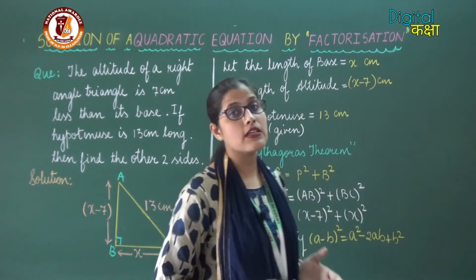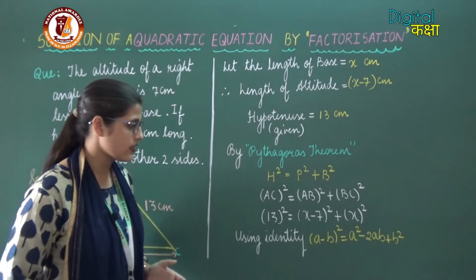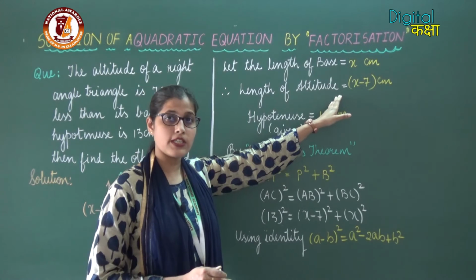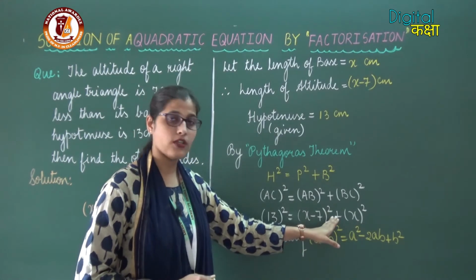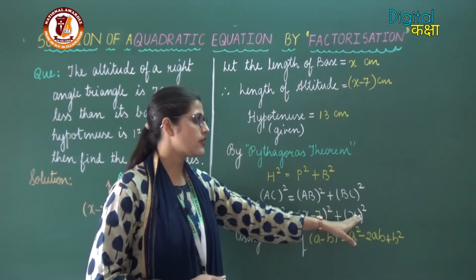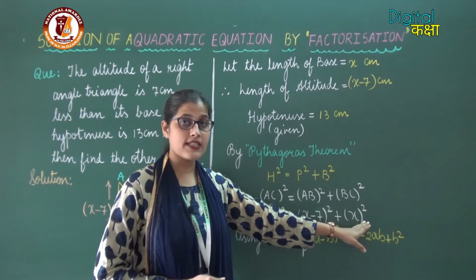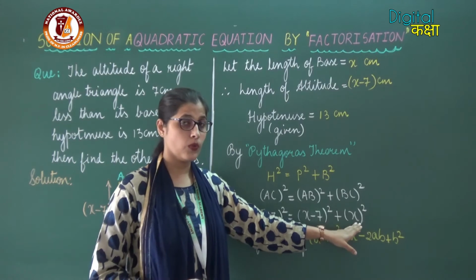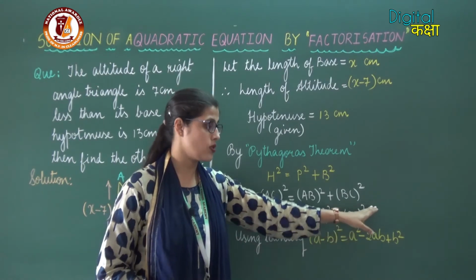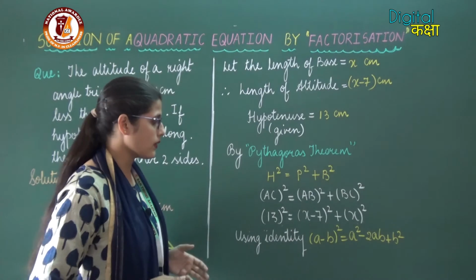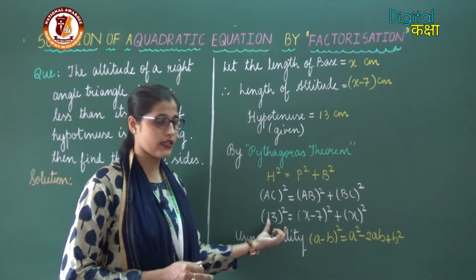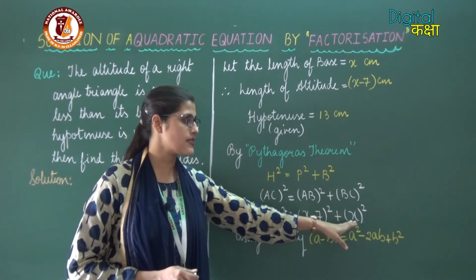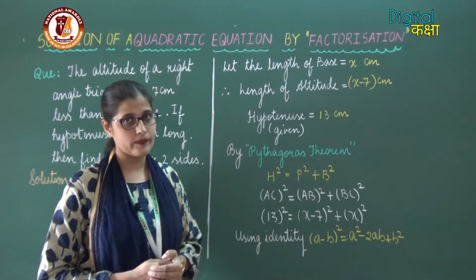So it will be written as 13 whole square is equal to the length of the altitude, which is the perpendicular, x minus 7 whole square, plus the square of the base, which is x. So we will be adding x whole square. It will be 13 square equals x minus 7 whole square plus x whole square.